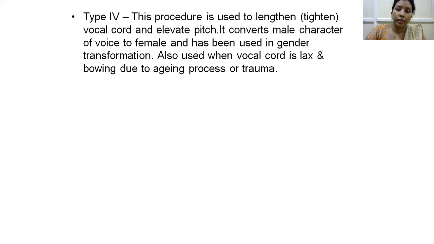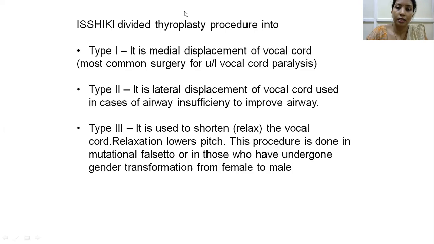This lengthening or tightening of the vocal cord can also be used in old age, where the vocal cord becomes lax or unable to function to its complete capacity because of bowing. Its inability to function causes some voice abnormalities. So in those cases, and also in cases of trauma, we can lengthen or tighten the vocal cord. So these are your phonosurgeries.